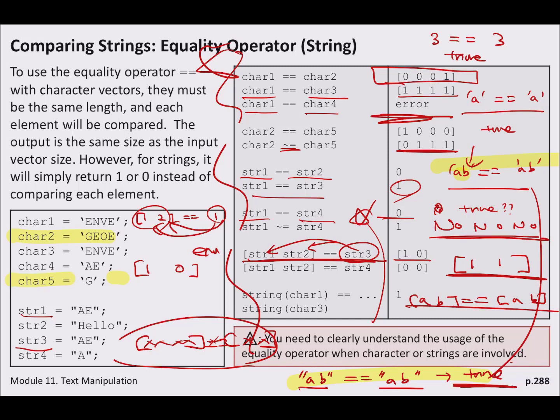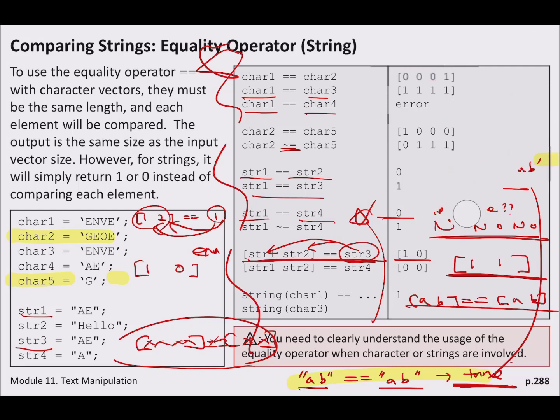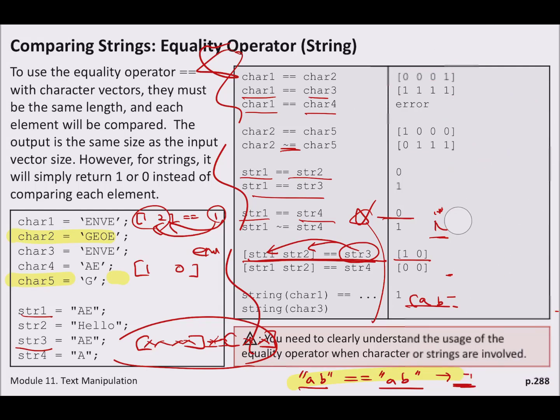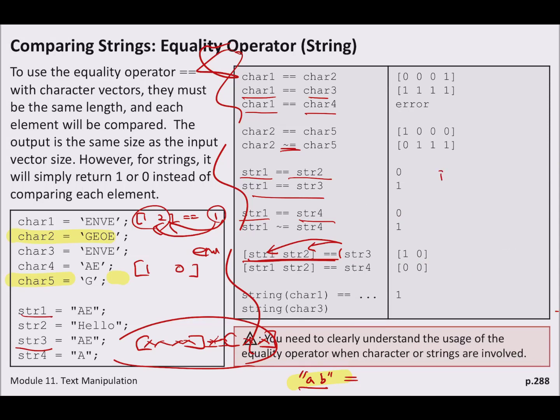Okay. One thing I want to mention is that some students do it like this, to check that character 1 and character 2 are the same, then do an action.